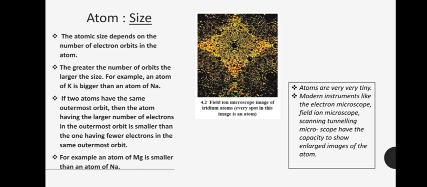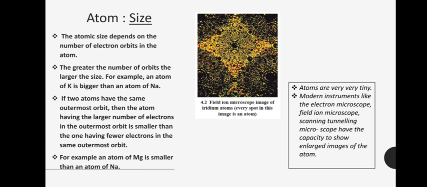Now why this happens is because if more electrons are in the orbits, they will be pulled with greater force towards the nucleus, and that is why the orbit or shell will lie closer to the nucleus. Thus the atomic radius would be reduced, and so the atomic size would be less. So in this topic we have learned two things.